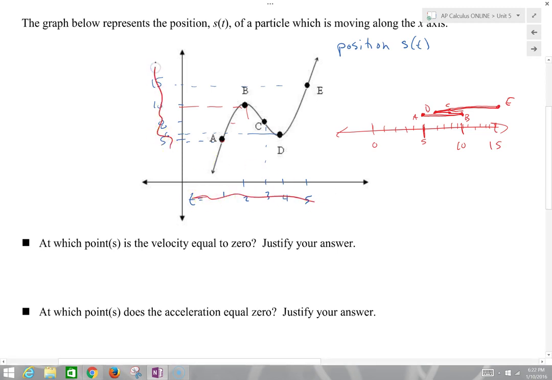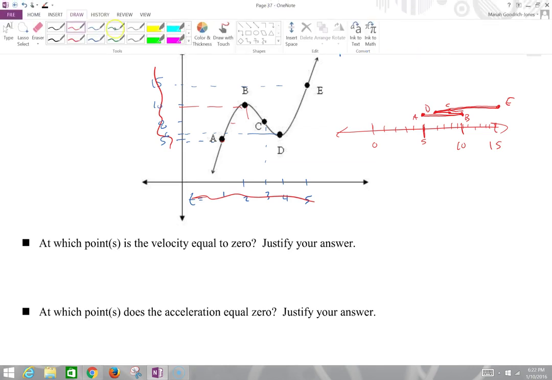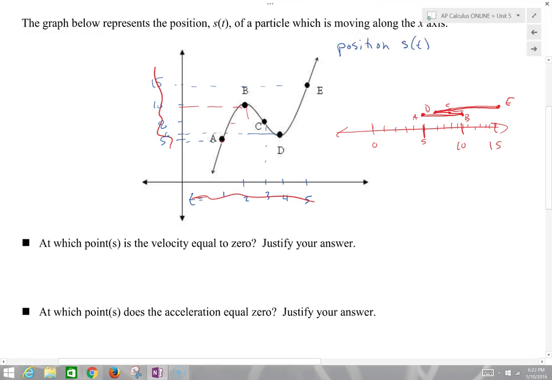Alright, so now to answer the questions I really want us to answer with generic, so pretend we don't have any numbers there. At which point is the velocity equal to 0? Well, this is our position function. Any place along here where the slope of the tangent line is equal to 0 is where the velocity is equal to 0, because the velocity is our derivative function.